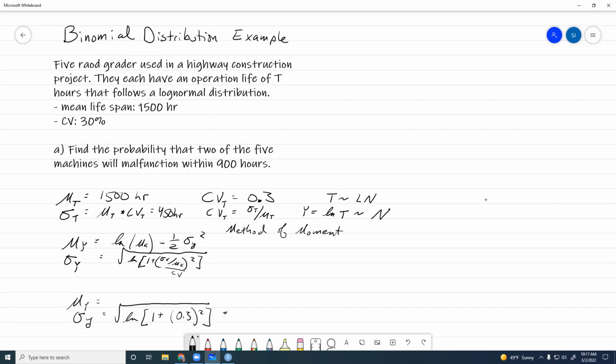And then that ends up being 0.294. And then we can plug that in up here. So we get ln of 1500 minus 1/2 times 0.294 squared. If you calculate that, we get 7.27.